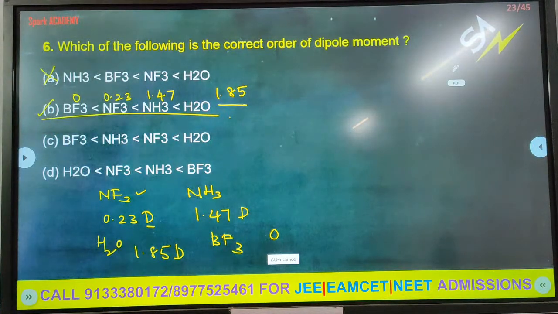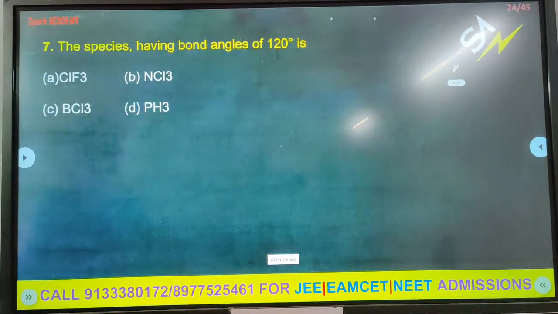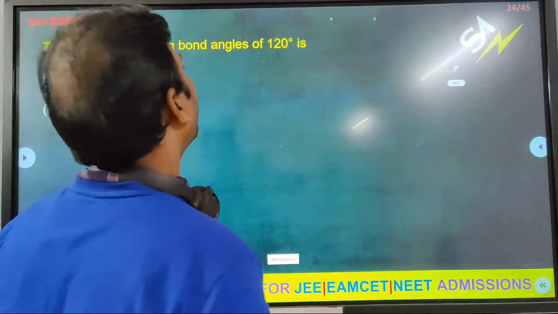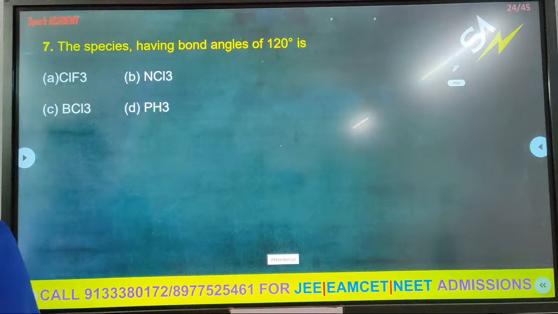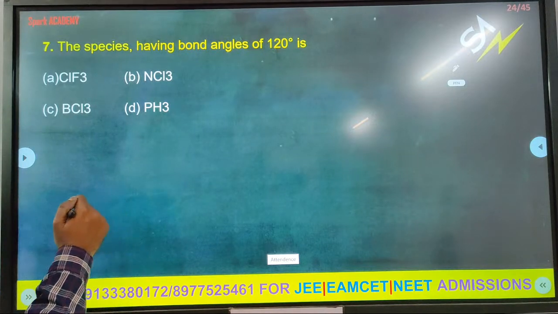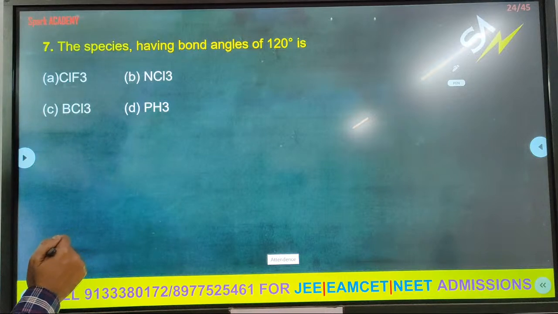Next question. The species having bond angles of 120 degrees. So which species has the bond angle 120? So what is the answer? Now we check.